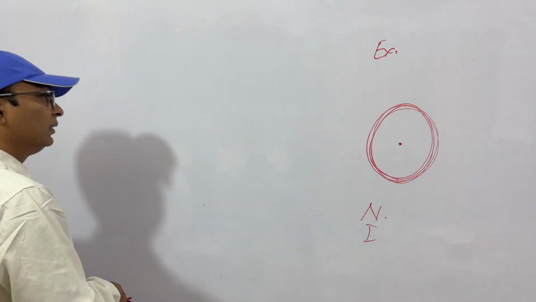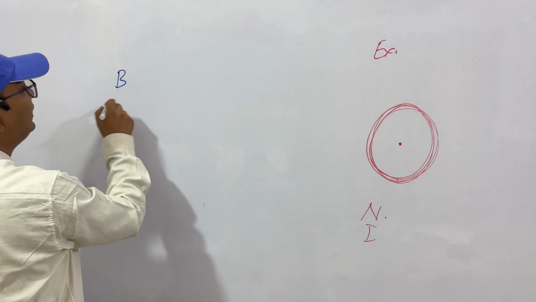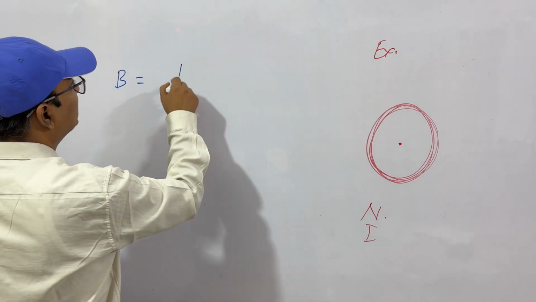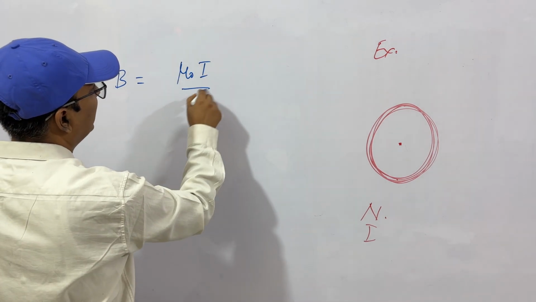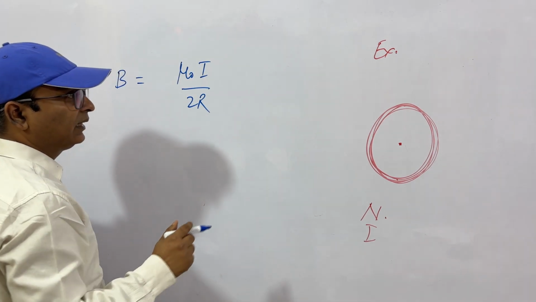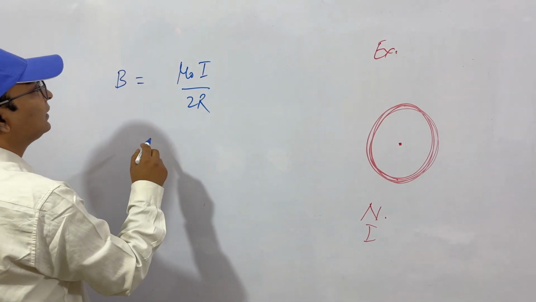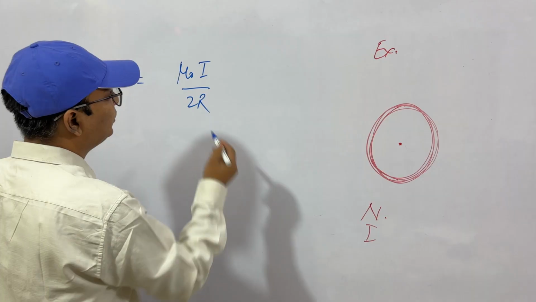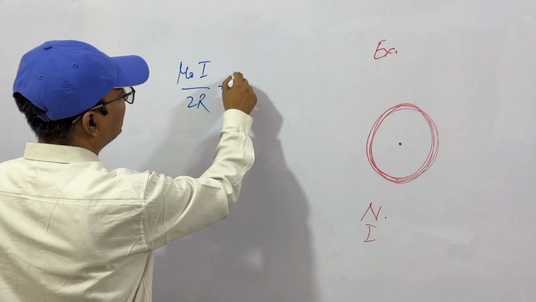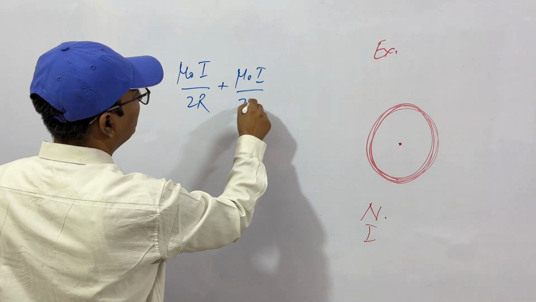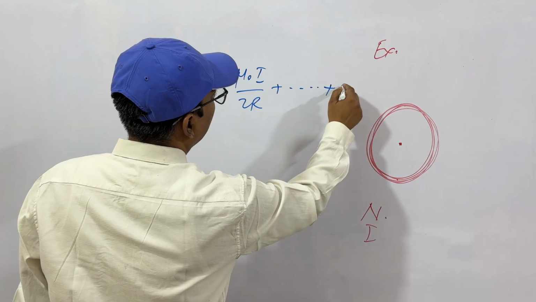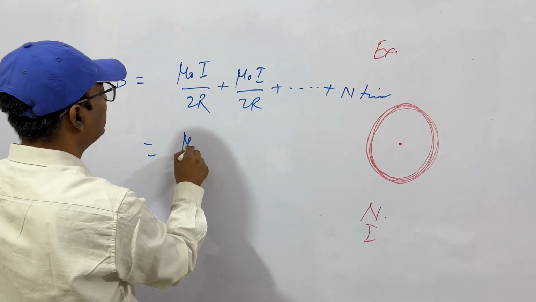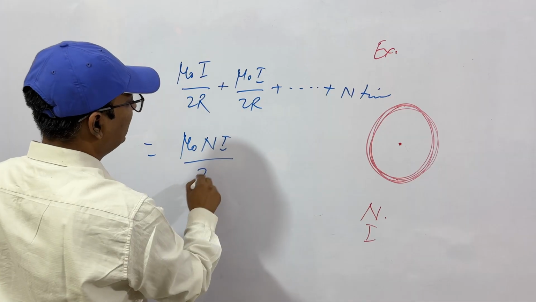You know that the magnetic field at the center of a current carrying circular loop is mu 0 I by 2r, and its direction you know. If you have n turns, for the first turn it is this, for the second turn we have this again, up to n times. So this will simply be mu 0 n I by 2r.